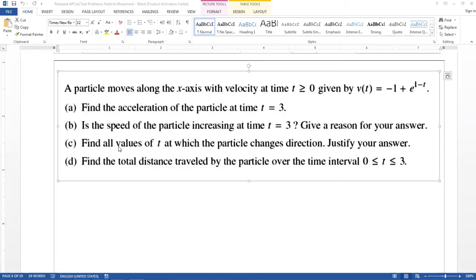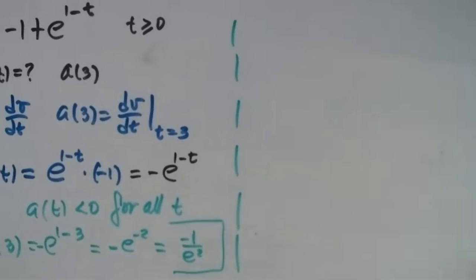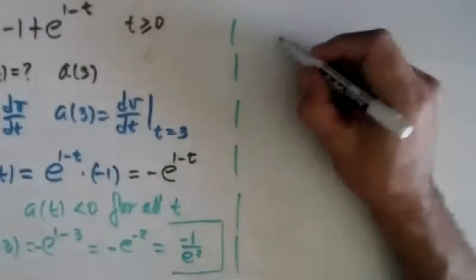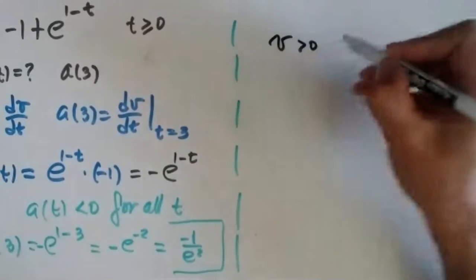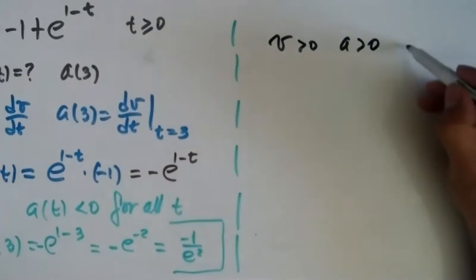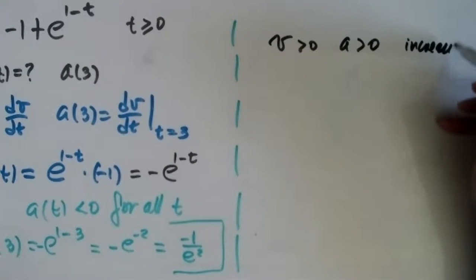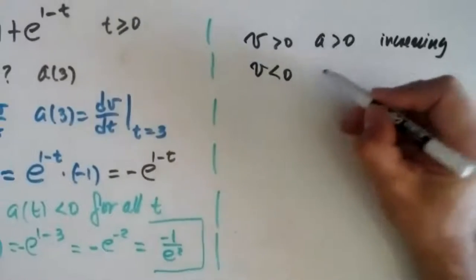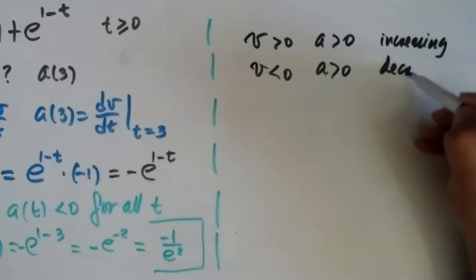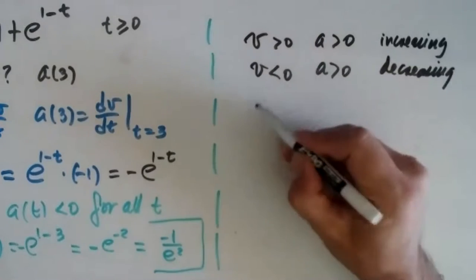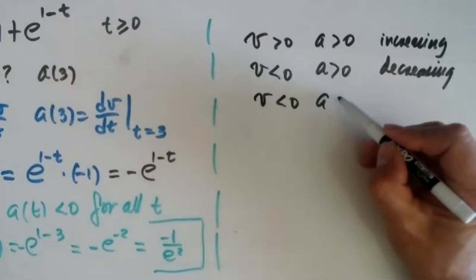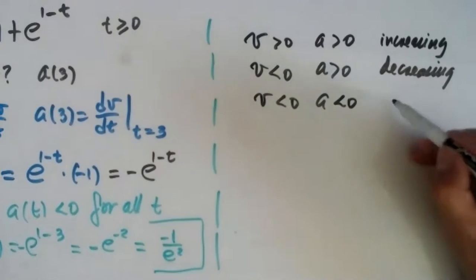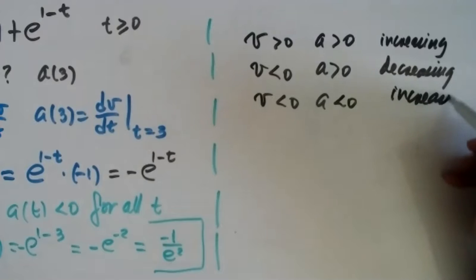Okay, now again, same as yesterday. If the velocity is positive and the acceleration is positive, the speed is increasing, correct? If the velocity is negative and the acceleration is positive, the speed is decreasing. If the velocity is negative and the acceleration is negative, it is increasing in the negative direction.